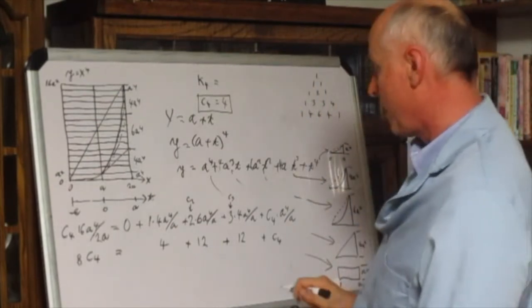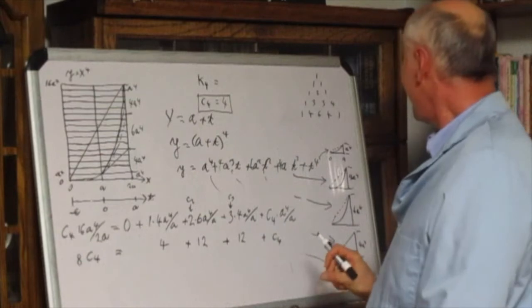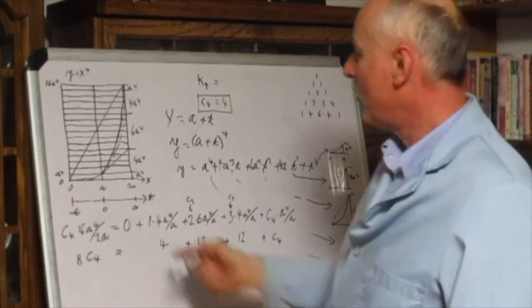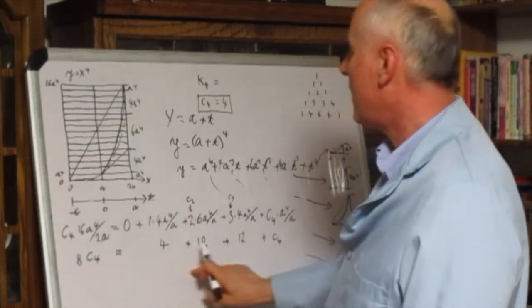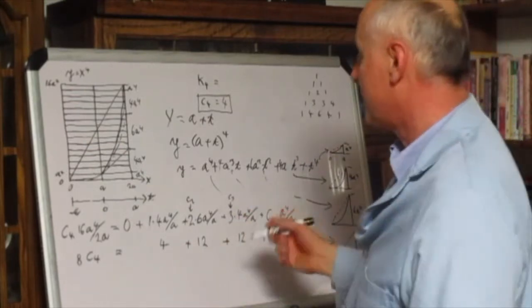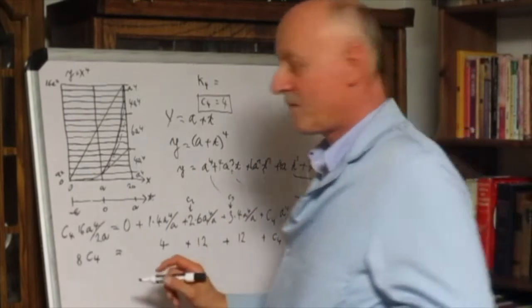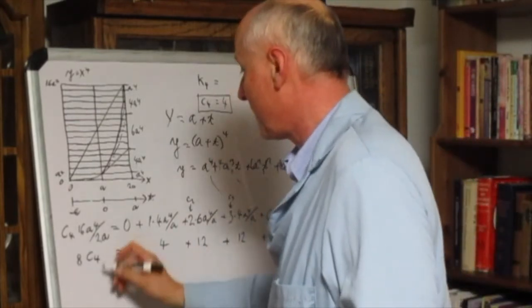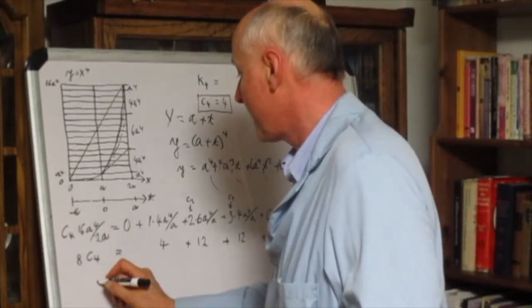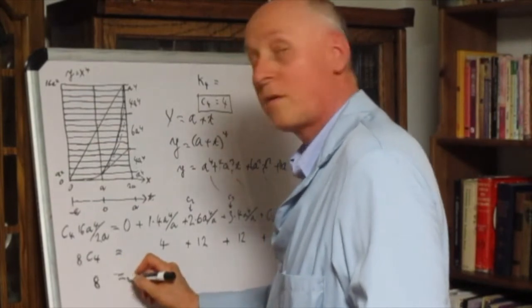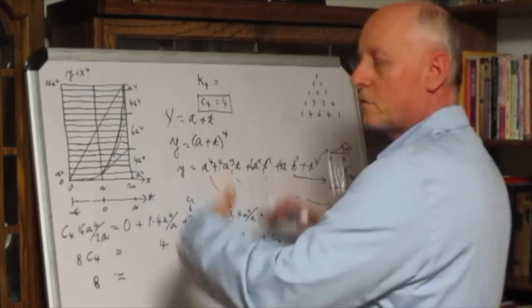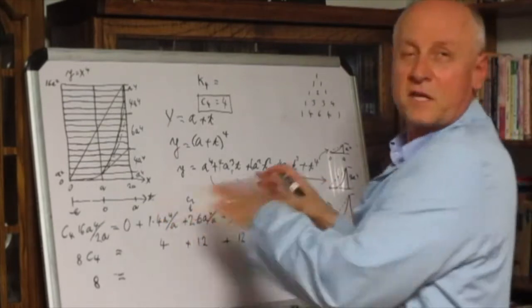Okay, great. But let's do one more thing, and that is normalize this equation by C4. And why is that? Well, you'll see a pretty pattern, which we already saw in our previous videos. So divided by C4, it's 8 equals, see what I'm doing? I'm just dividing everything by the same factor.